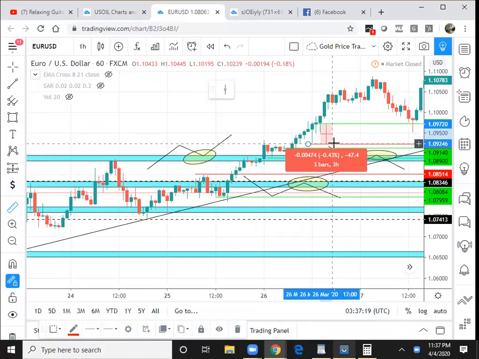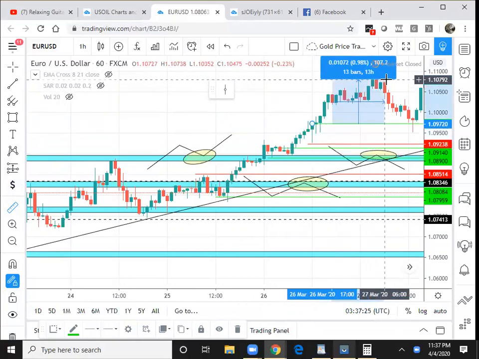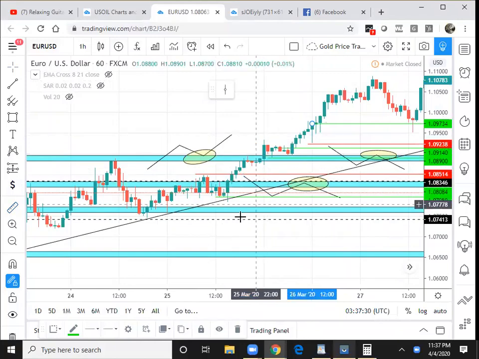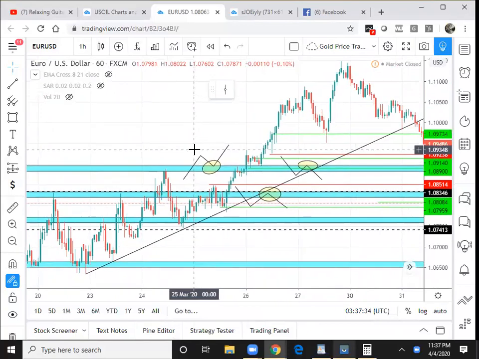And the risk is 47 pips. So you could continue to trade like that. It's called trailing stop. So let me show you how you actually place the trade on your MetaTrader 4.